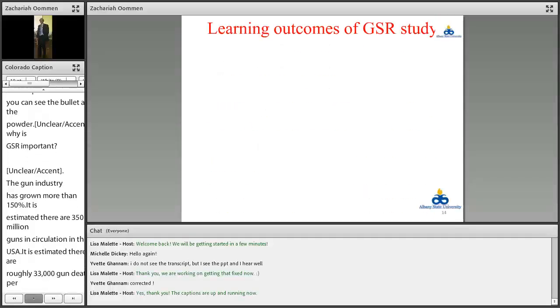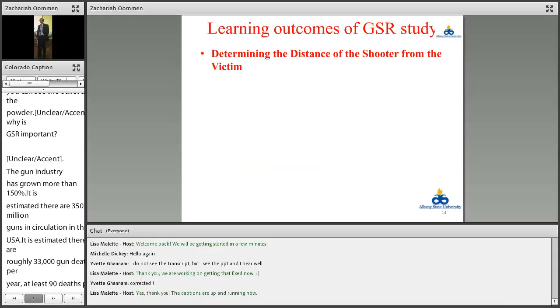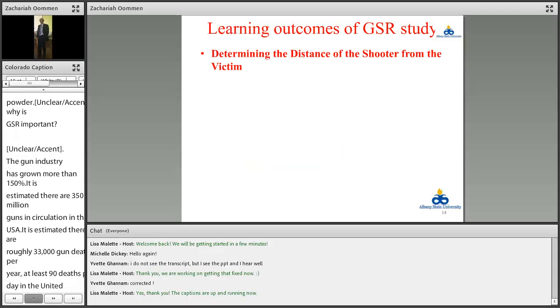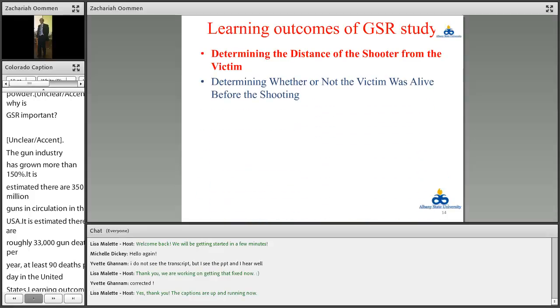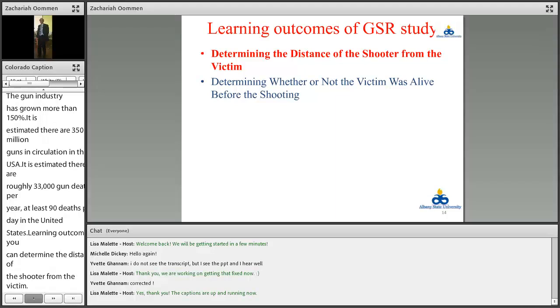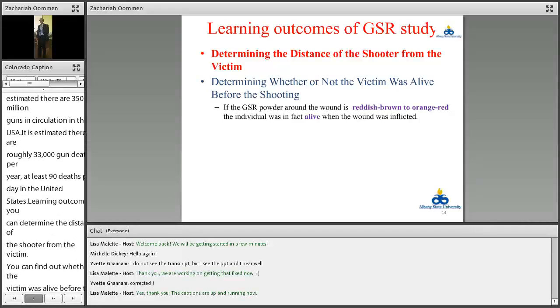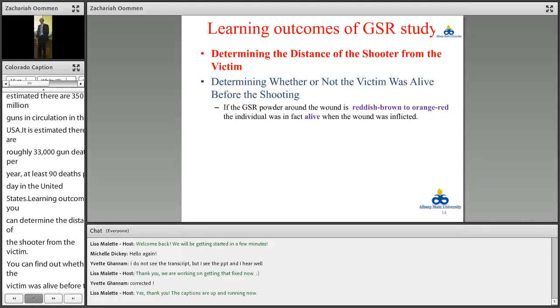So what are the learning outcomes? First of all, by learning GSR, you can determine the distance of the shooter from the victim. Also, you can find out whether the victim was alive before shooting, just by noting the color of the GSR powder around the wound. If it is reddish brown or orange red, one can infer that the individual was alive before the wound was inflicted.